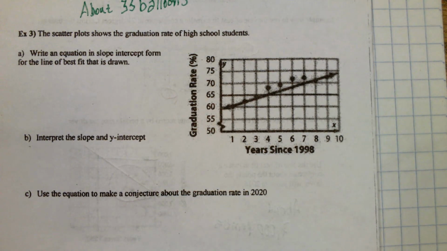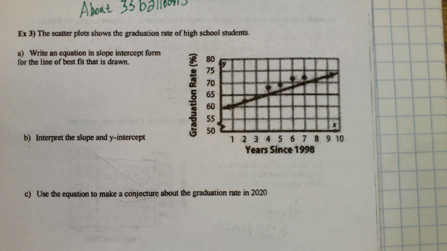Okay, so we have a scatter plot this time that shows the graduation rate of high school students. All right, so here we are. Since 1998, that was year 0. So if we add 1 to that, that would be 99. If we add 2 to that, that would be 2000. Okay?